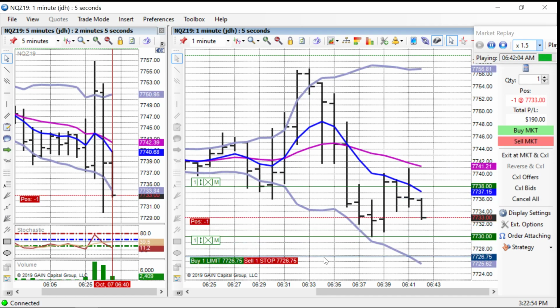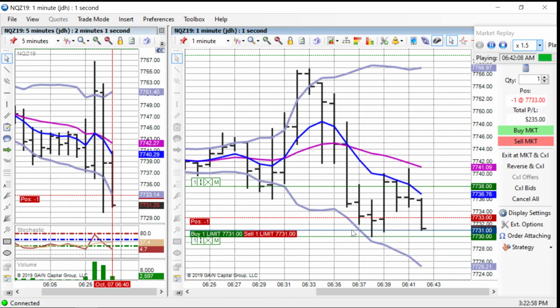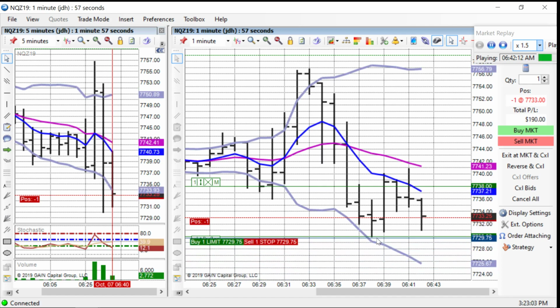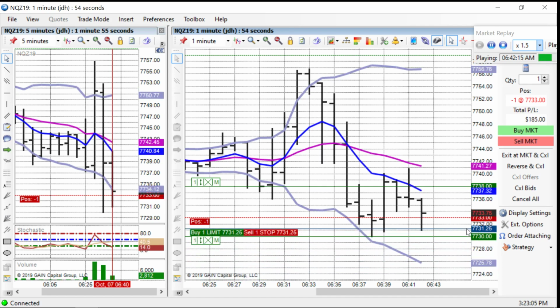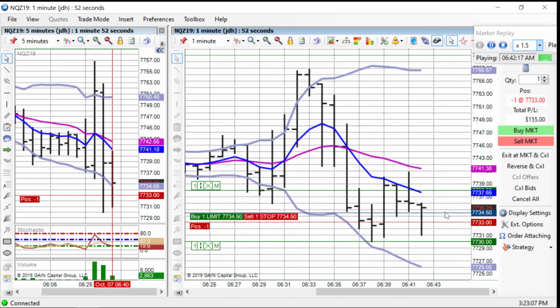Probably missed it. Yeah, that might be some bad timing right there. I was too busy talking. See how I'm right on the support line? So yeah, that might be a badly timed trade.